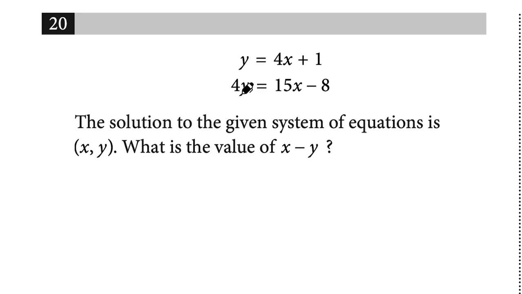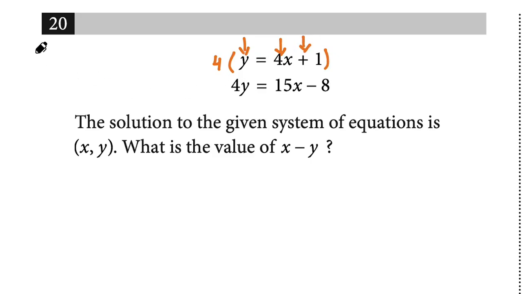Now, if I see this particular question, I can see y on the left hand side and x and a constant on the other side. So I will choose a method where I can make the left hand sides equal. If I multiply the first equation by 4, the left hand sides will be equal. Now when I say multiplying by 4, every term will be multiplied by 4.